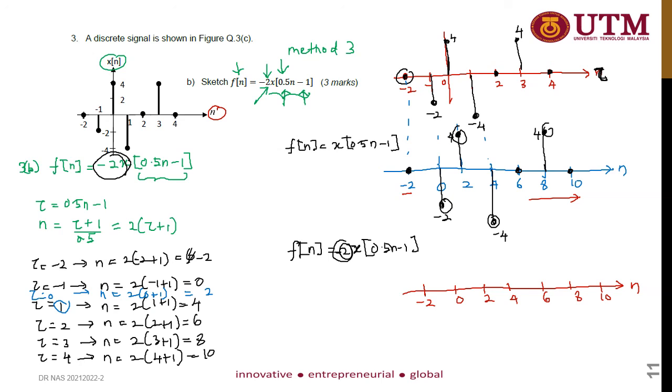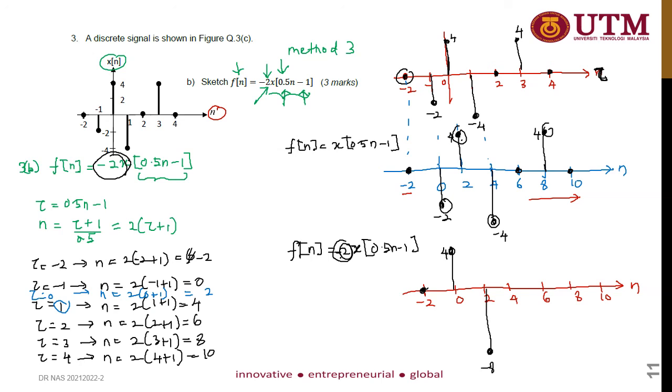Okay, let's consider the first one. The magnitude is 0, so multiply with -2 is still 0, and then the second one at n equal to 0, the magnitude is -2, multiply with -2 is +4, and at 2 it is 4, multiply with -2 is -8.